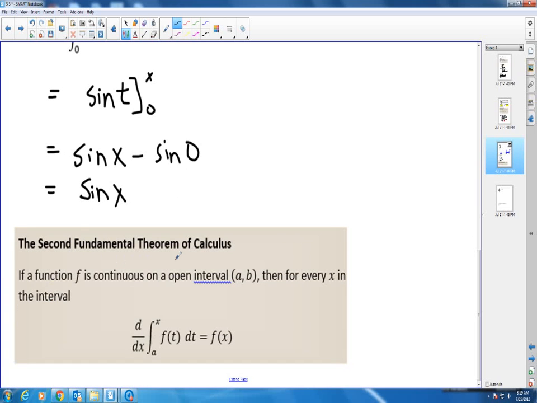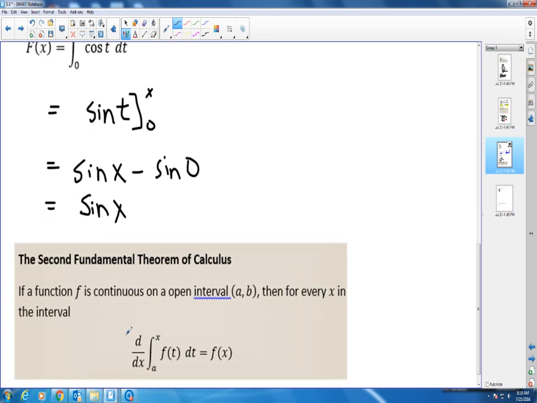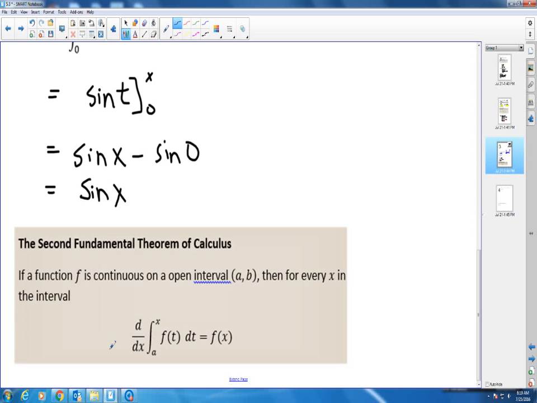The second fundamental theorem of calculus says this. If a function f is continuous on the open interval from a to b, then for every x in the interval, it turns out the derivative with respect to x of the integral from a to x of f of t will actually equal f of x, my original function.